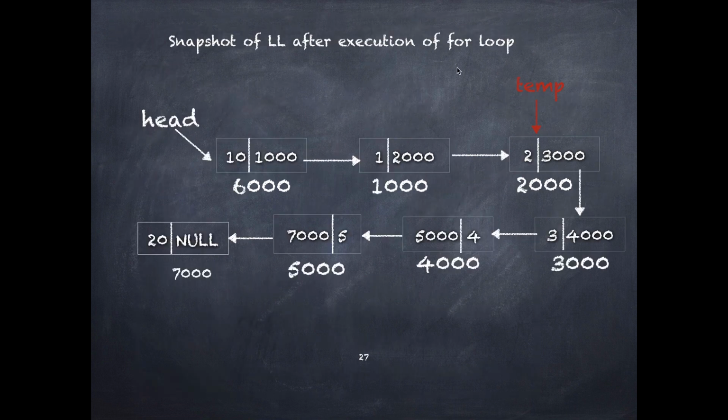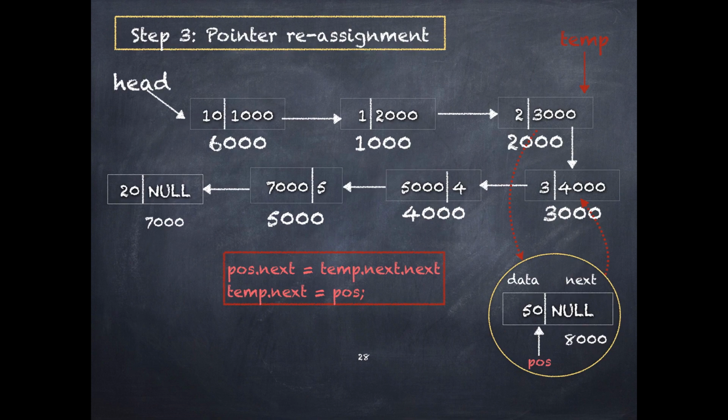Okay, so after execution of the for loop, you can see temp will be pointing to this node. Now what you have to do, as I told earlier, this address has to be updated, right?